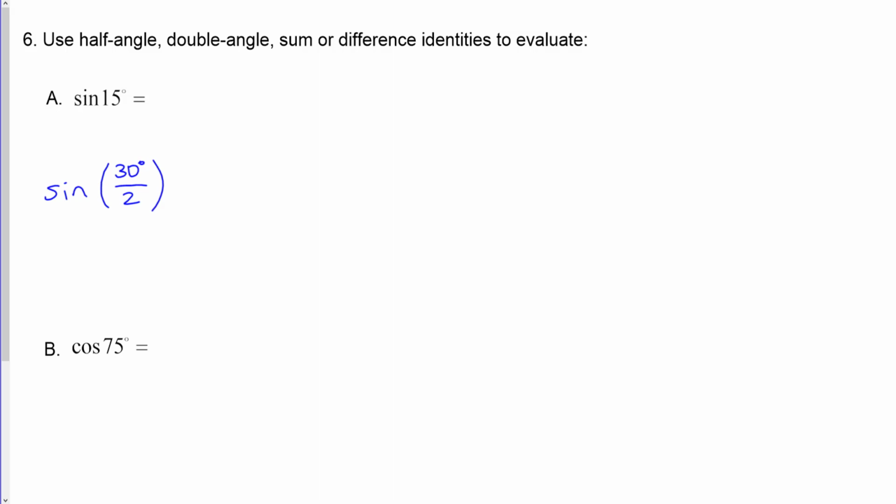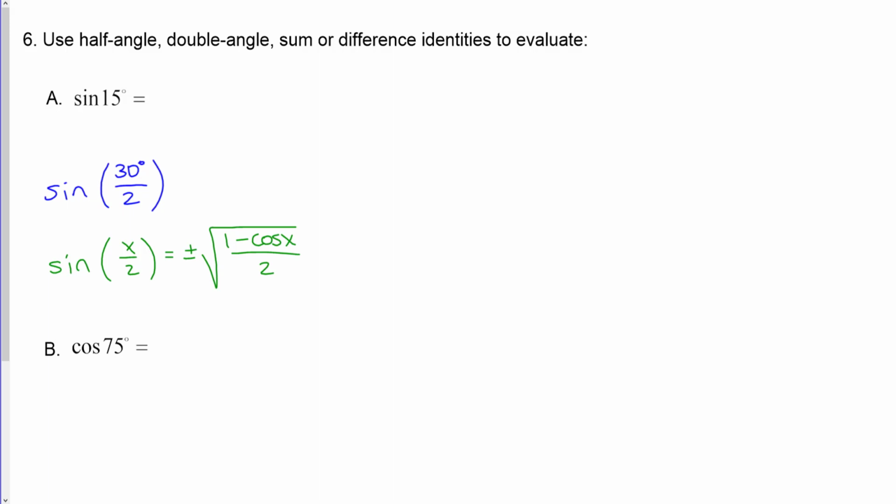And if you'll recall, just writing down the identity here, sine of x over 2 is going to be the plus or minus square root of 1 minus cosine x over 2. And you choose the plus or minus depending on the quadrant you would be in.